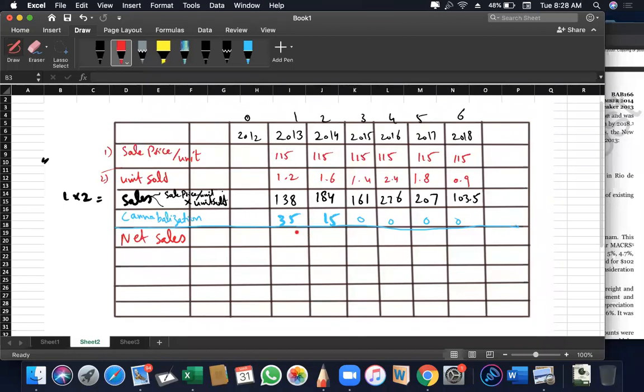So here it is 103, here it is 169, 161, 276, 207, 103.5.